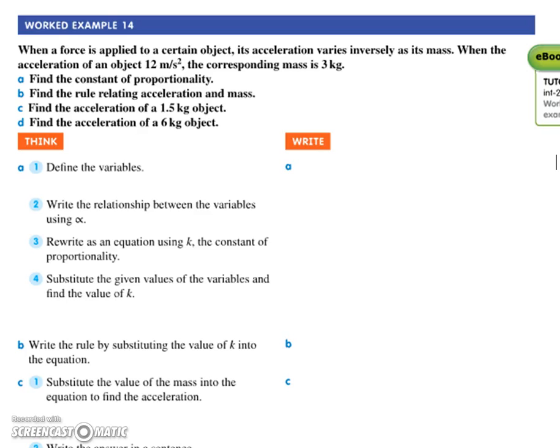All right. With this one, this is where I just pushed Surly and Aiden. Listening. When a force is applied to a certain object, its acceleration varies inversely with its mass. In other words, the more massive an object, the slower its acceleration.